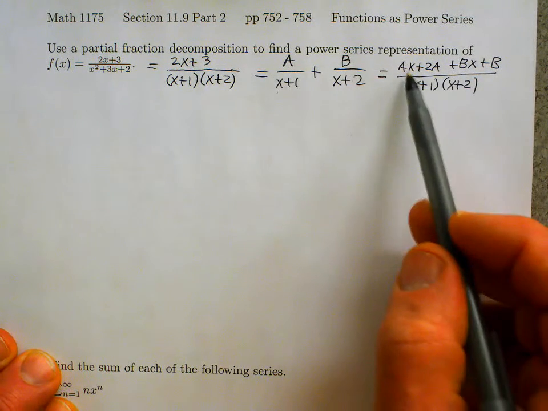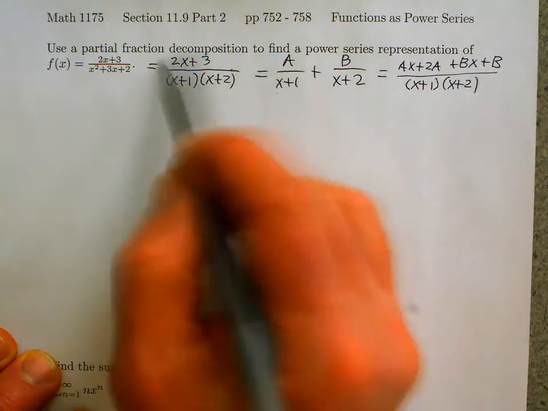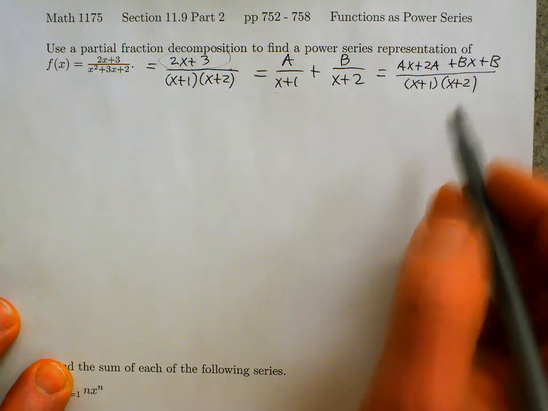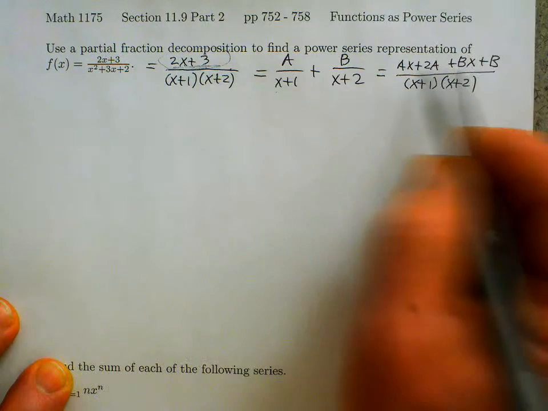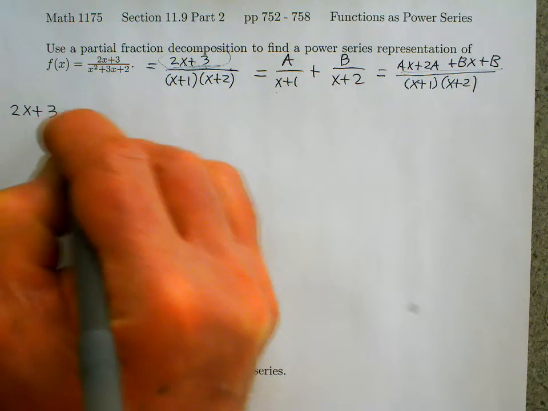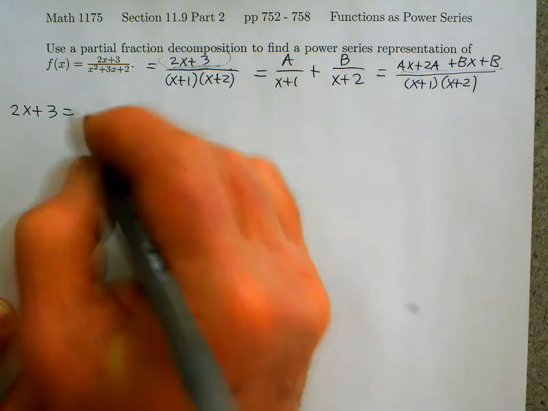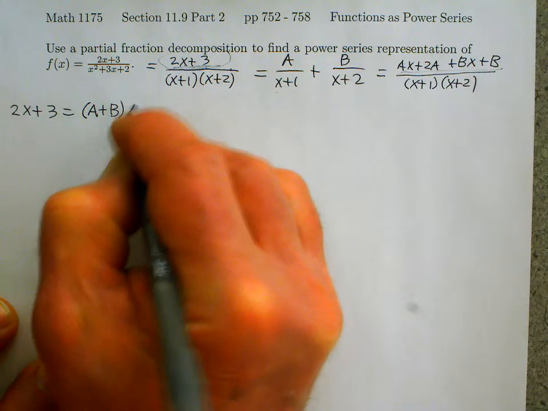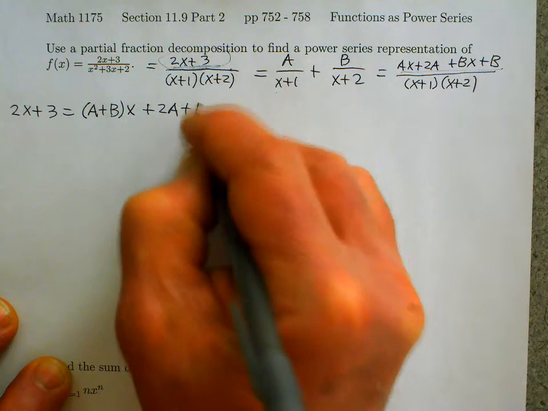And this numerator, ax plus 2a plus bx plus b, has to be equal to 2x plus 3. So we can just focus on the numerator for a minute. 2x plus 3 has to equal this quantity. And we'll combine terms. ax plus bx is the quantity a plus b times x, and then plus 2a plus b.